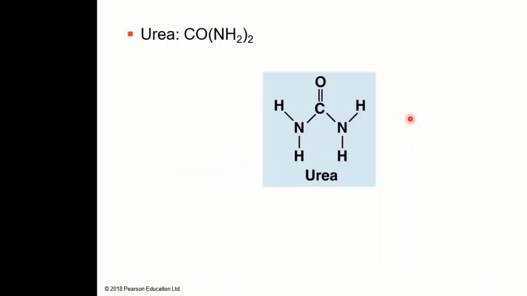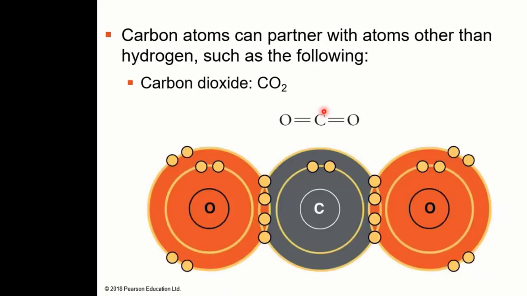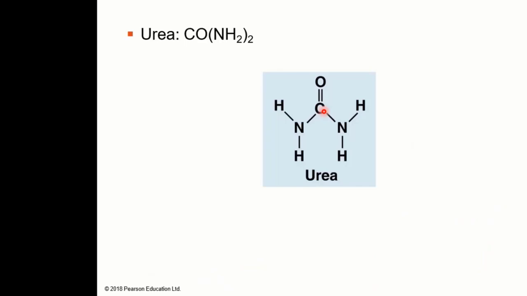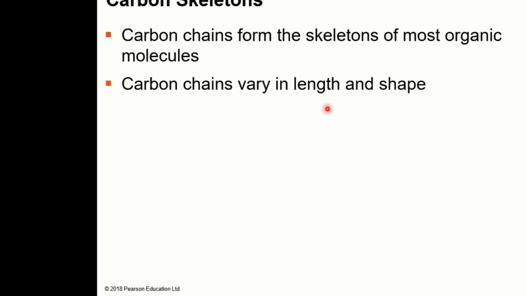It's also urea, which is CON2H4, where you see their structural bonds. The carbon partners with nitrogen and hydrogen, which is single bonded, and some are covalently bonded. The molecular diversity arising from variation in the carbon skeleton.